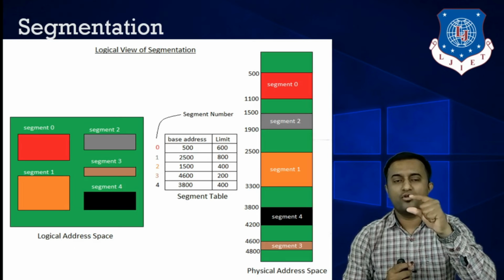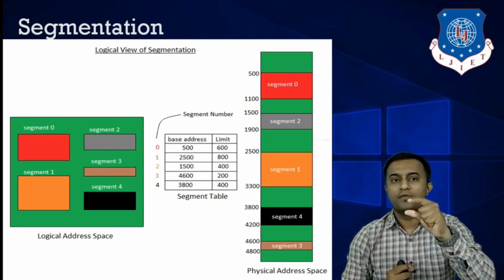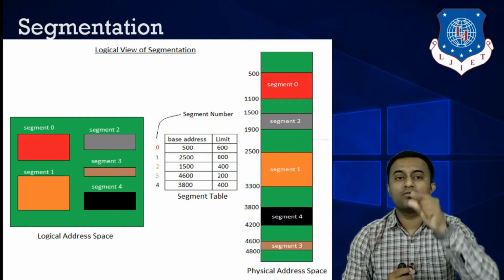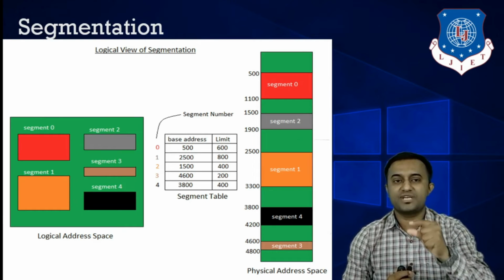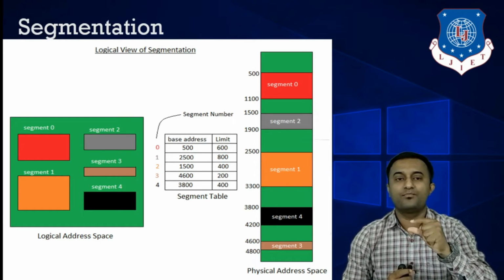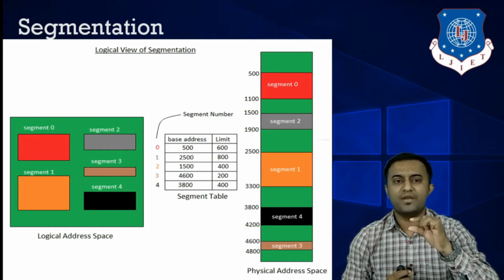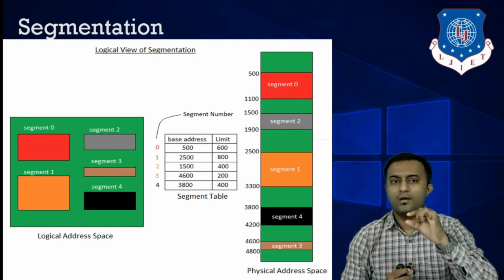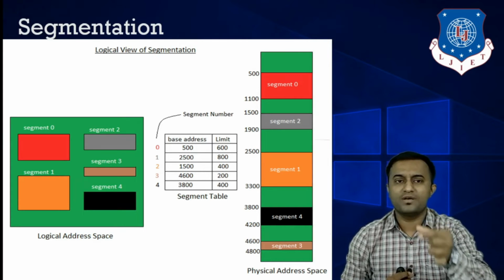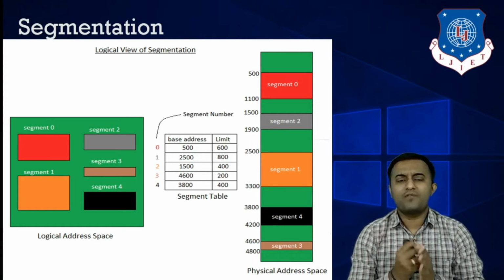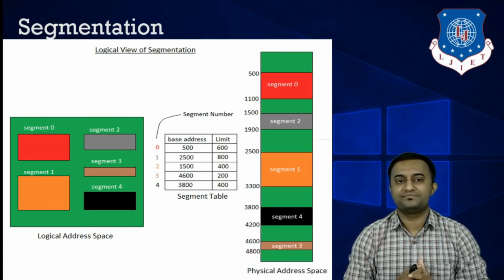Means if we have an addition module, we will put it into one segment. Then the subtraction module we will put into another segment. Then the whole multiplication module we will put into a separate segment. So what will be the advantage in this case?